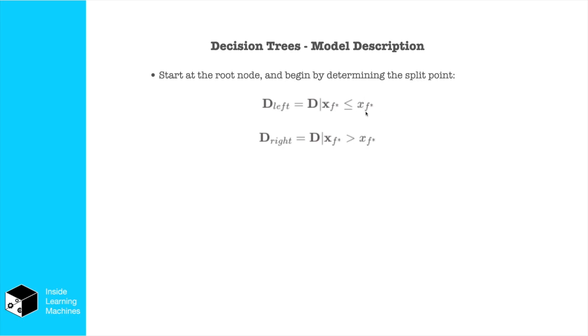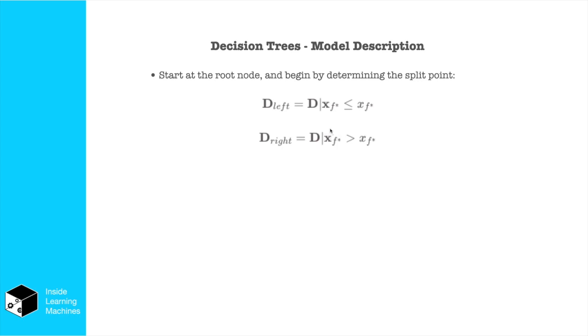And so we're going to compare all the values in F star, and that's this column vector, this bold x, that just represents a single column vector within D. We do this comparison, and all the values of F star that are less than or equal to our threshold, x F star, we allocate to the left.